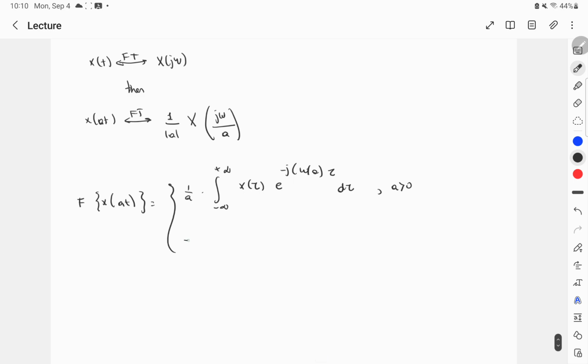However, minus 1 over a times the same expression is true if a is smaller than 0. So we should pay attention to the absolute value. And here are our properties. Thank you for listening. Have a nice day.